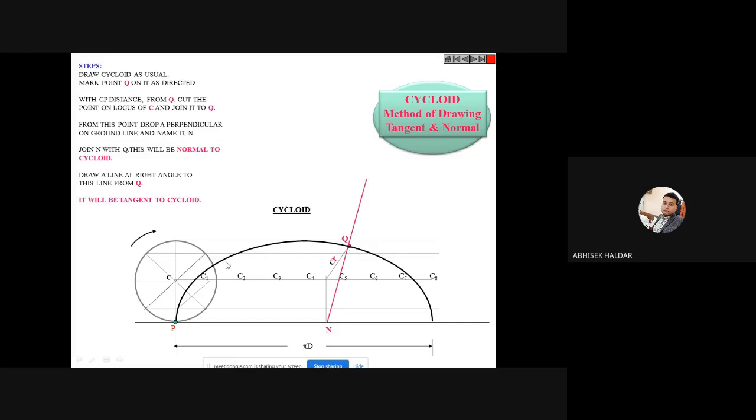You can take any point, the method will be the same. Once I get this normal, how can I draw the tangent? At this point I draw 90° to this normal, and I get the tangent. So this is my normal, this is my tangent. Now it is clear.